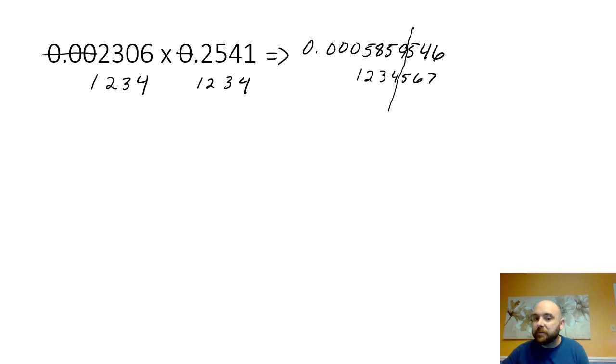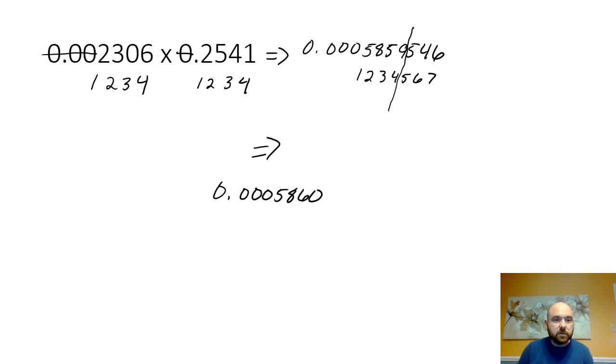But we see we already have a 9, so we actually need to change the 2 numbers in front of it, because that 9 is going to jump up to a 10, but we won't write 10, we'll change the number in front of it to a 6. So that answer will actually end up rounding to 0.0005860, which is how you round that to the correct number of significant figures.